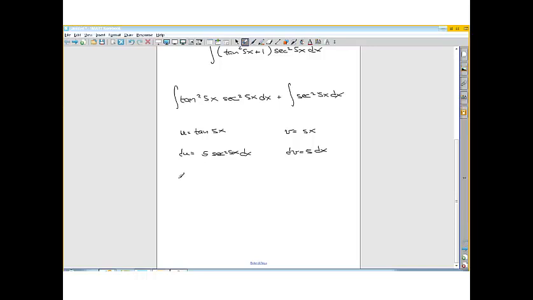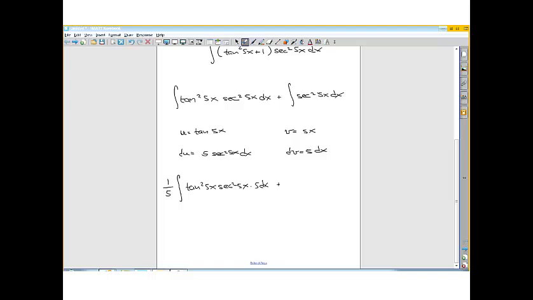So I'm going to go ahead and rewrite it down here. What we'll do is we'll divide by 5 here. We'll put the tangent squared of 5x, secant squared of 5x, and then the 5 that I'm going to take from here is going to be matched up with dx. So actually it's going to be 5 secant squared of 5x dx, which is du, and then we'll have u squared. Okay, so that's the first part.